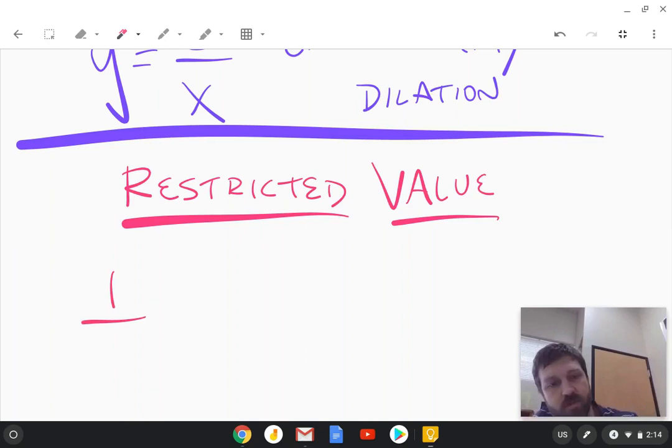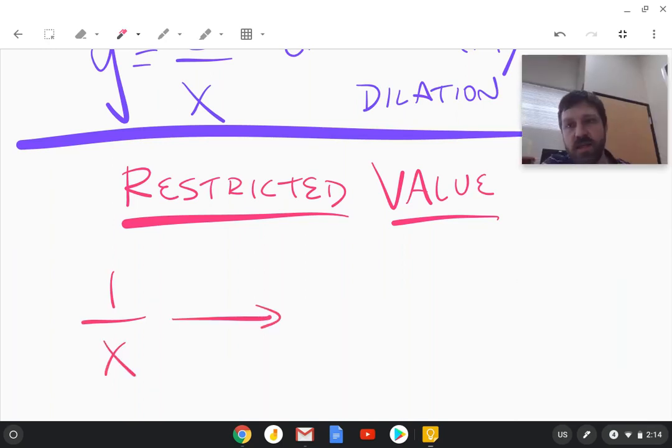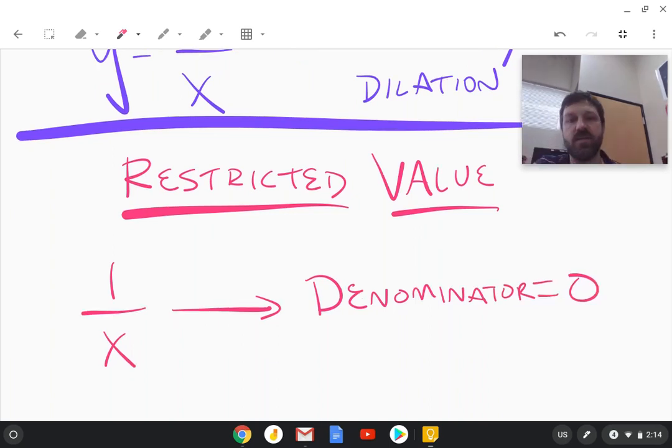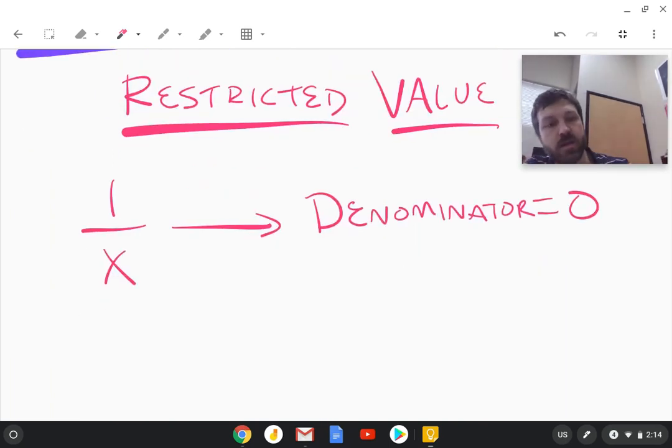If I have this rational equation, 1 over x, what numbers can x not equal? We kind of already discussed this above, but basically you need to set the denominator equal to 0. What makes the denominator 0? So in this one, it would be that, there's a different color there.